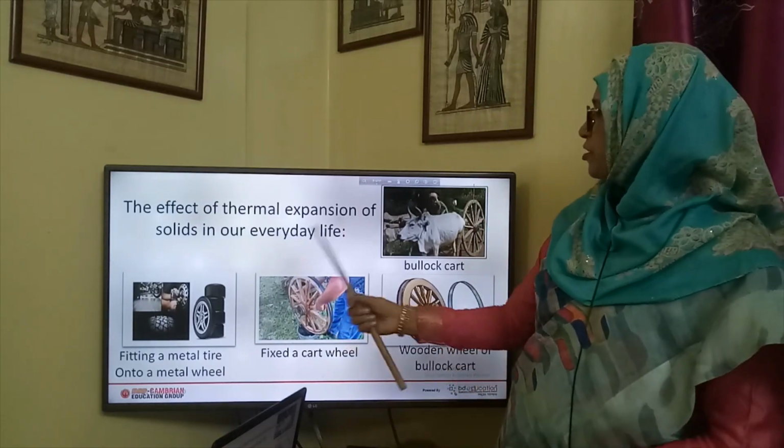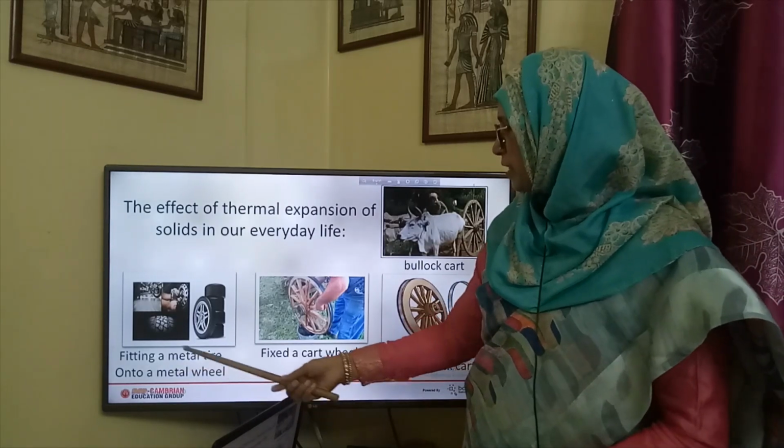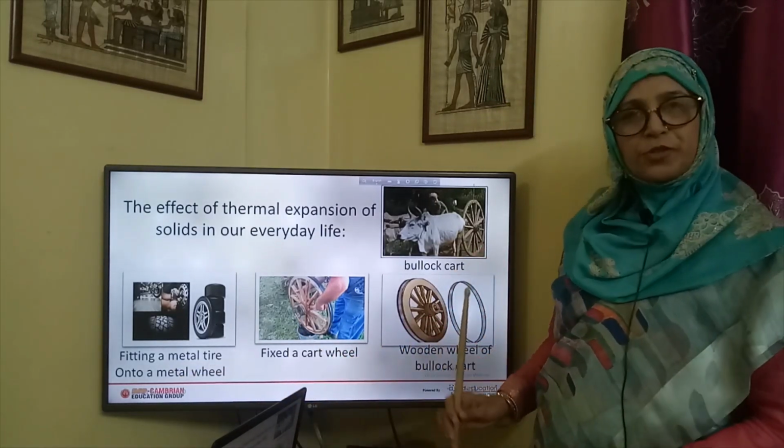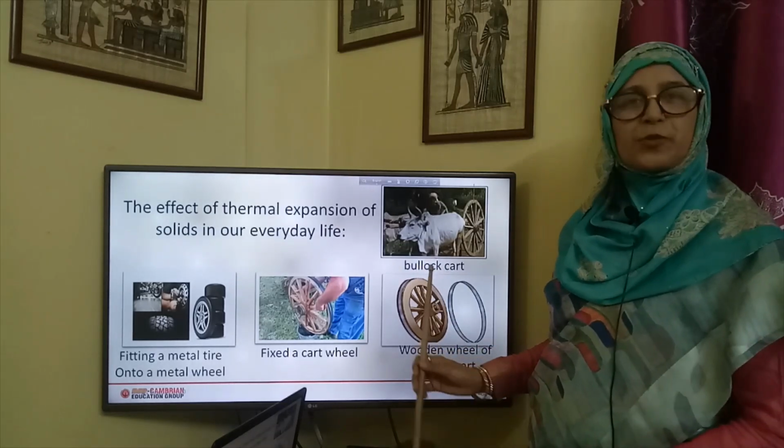Another example is the effect of thermal expansion of solids in our everyday life. See, fitting of a metallic tire onto a wheel. Have you ever seen a bullock cart, that means Gorur Gari?